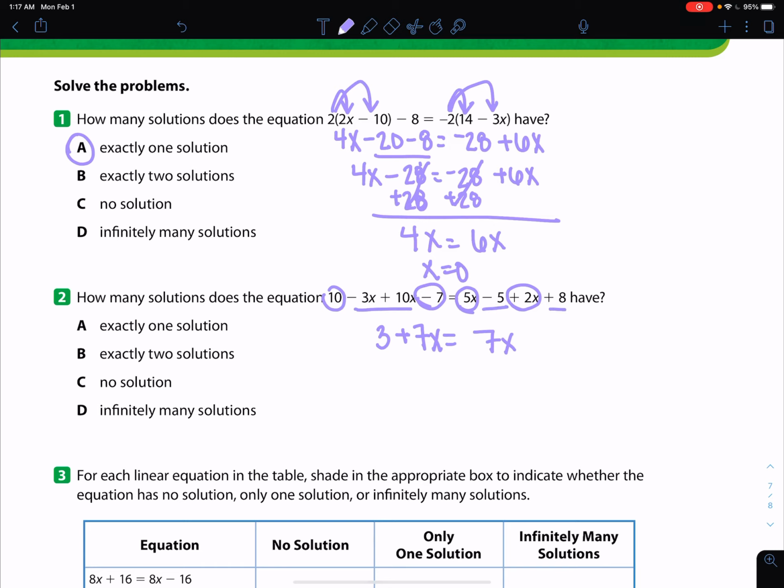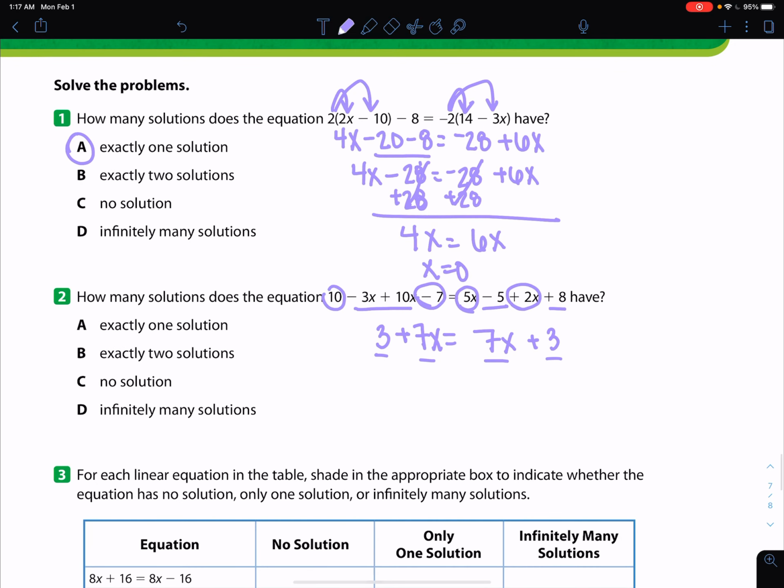And negative 5 plus 8 is 3. If you notice, your constants are the same, your variable terms are the same. Every term matches. When you have that, you've got infinitely many solutions. So we've got D.